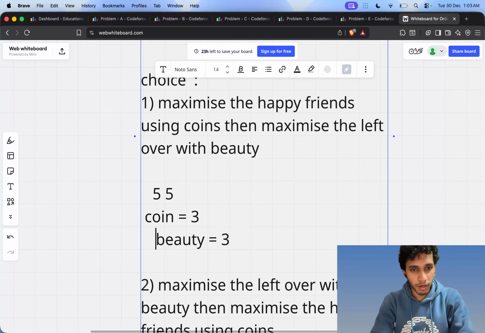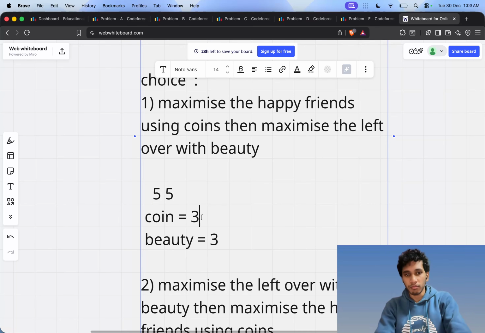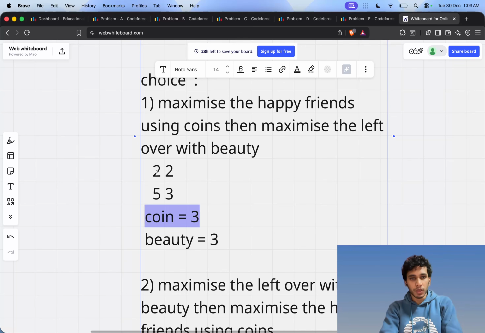Now can we make him happy? No, because he wants beauty 5 and coin. Really sorry, this was the scenario. The friends want 2 coins and 2 beauty, or 5 coins and 5 beauty, or 3 coins.